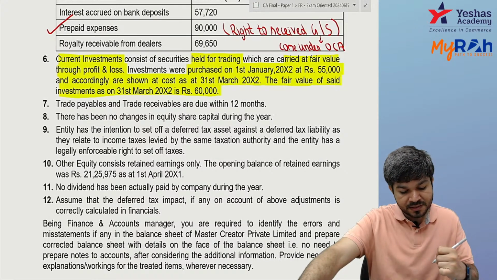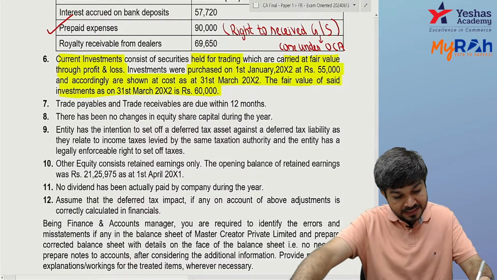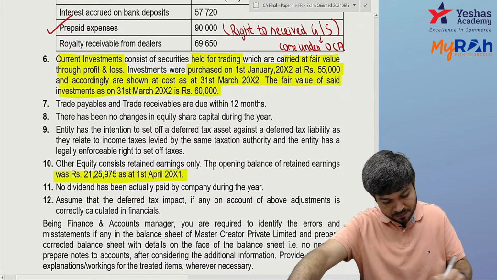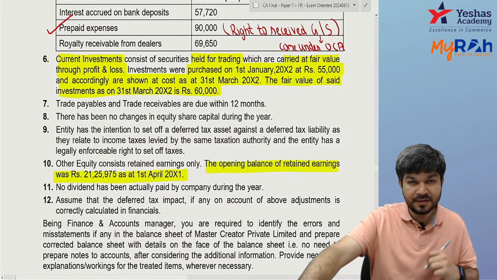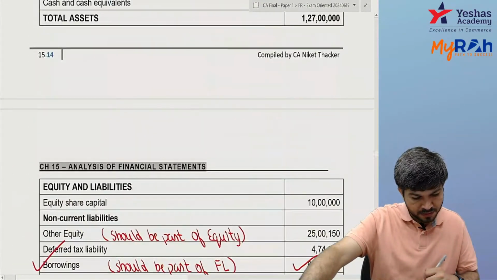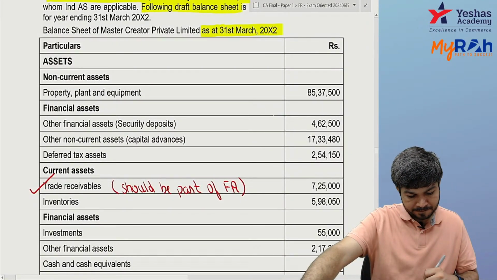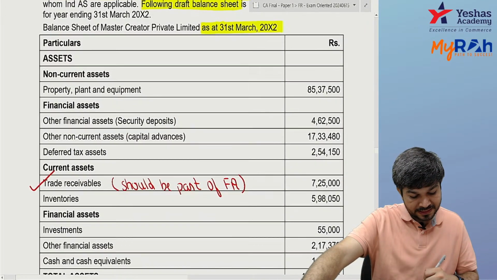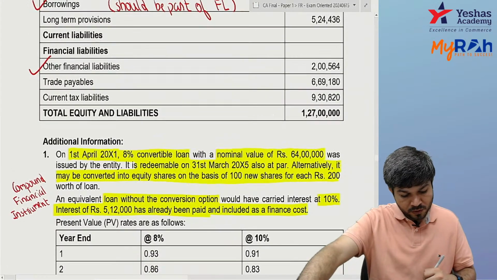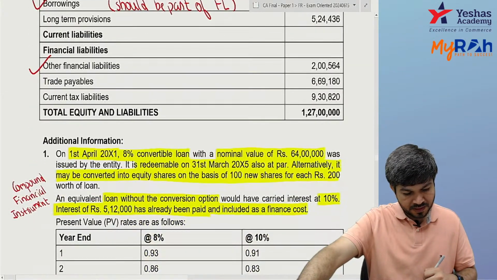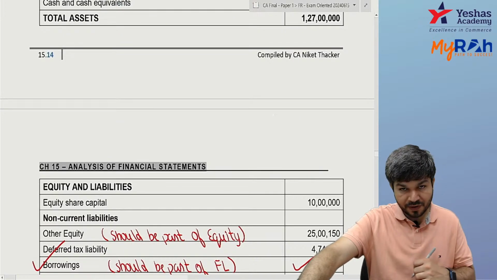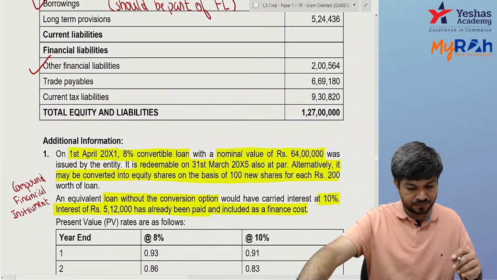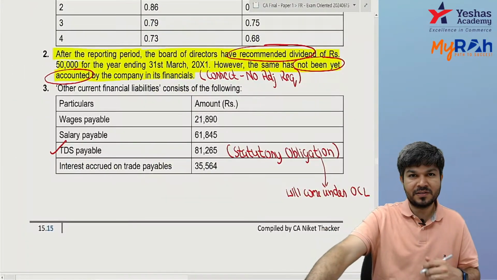Other equity consists of retained earning, opening retained earning given. Acha, then PNL was given this time? No, no PNL not given. Opening retained earning is given and then closing is also given. Kitna tha closing, check karo. Other equity 25,00150.